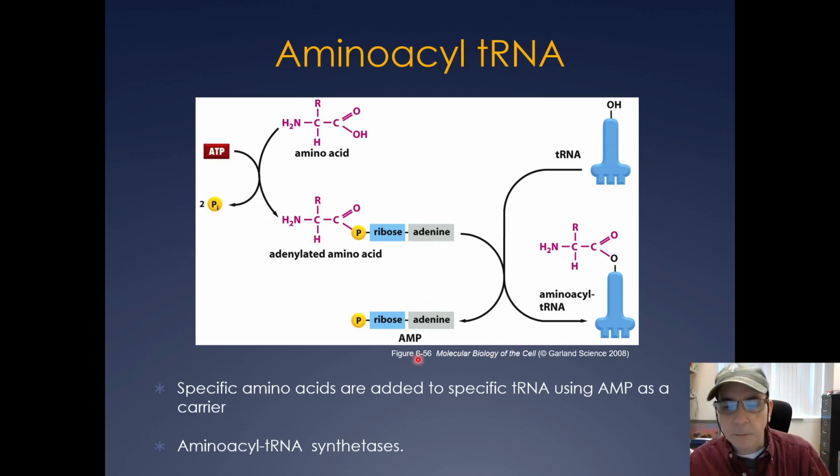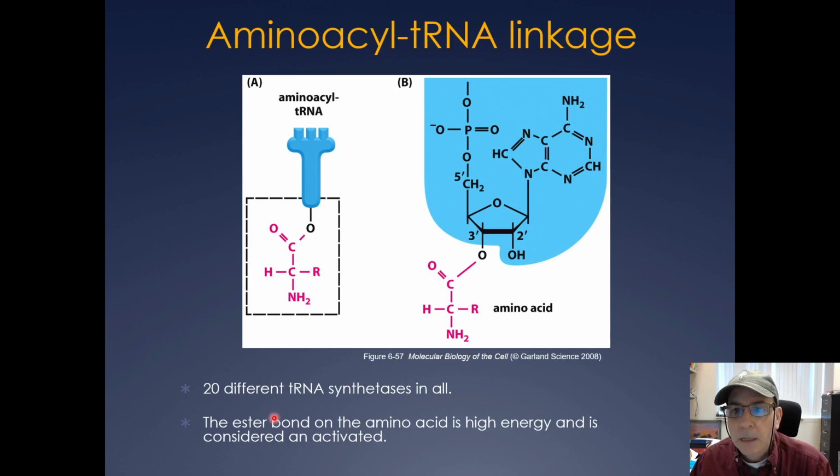And so specific amino acids are added by specific tRNA synthetases, and AMP is used as the carrier. Okay, so there's a whole bunch of aminoacyl-tRNA synthetases. Here's what the aminoacyl-tRNA linkage actually looks like. Here's your aminoacyl-tRNA, and it gets attached to the 3' OH group on the tRNA structure, and then you have your mRNA.